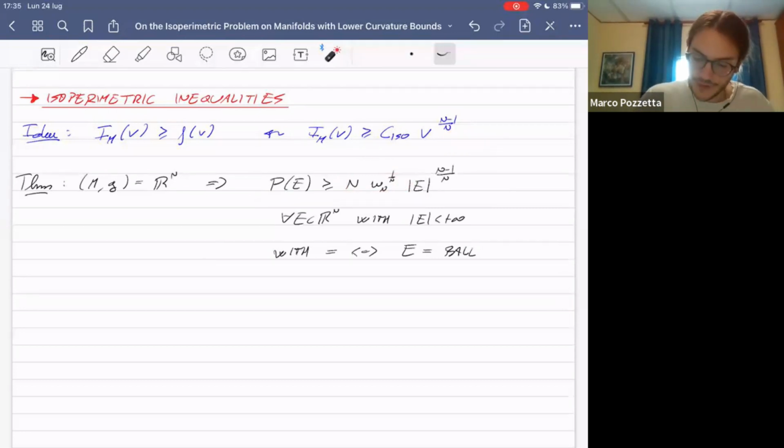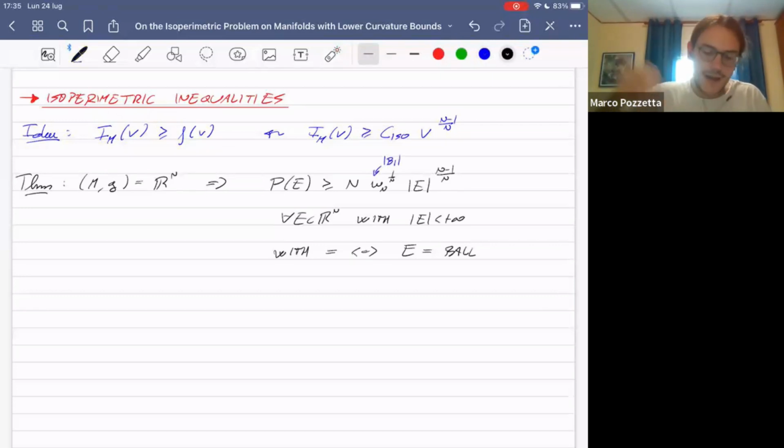This is the sharp constant on Rn. Indeed, we can have equality precisely when E is one of the possible isoperimetric sets for some volume, so precisely a ball. N is the dimension, and omega n is the volume of the unit ball in Rn. Standard notation.